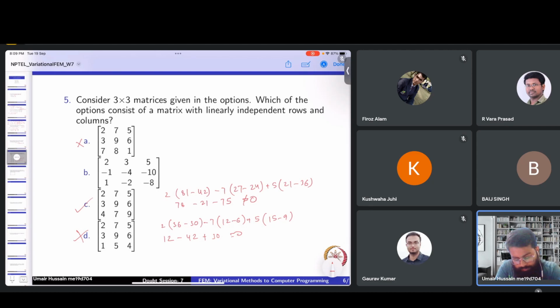Check for B also. I guess check for B also.